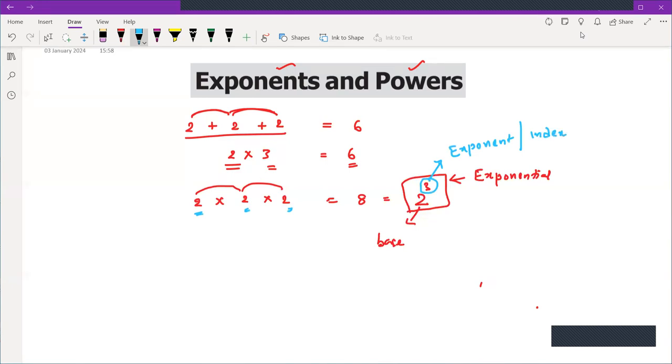Usually we'll read it as 2 power 3 or 2 power 4. But the meaning of the power remains the value of 2 cube. This whole value, 2 cube is 8, is known as its power.